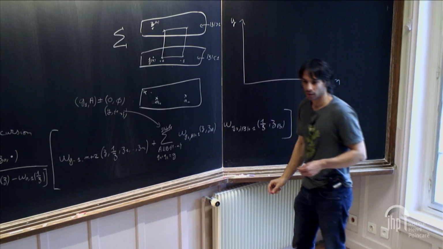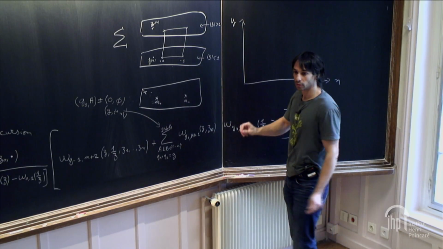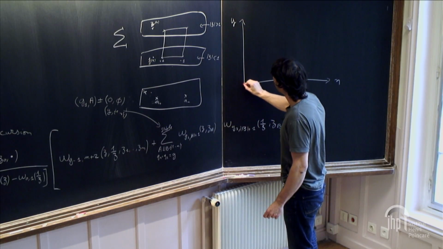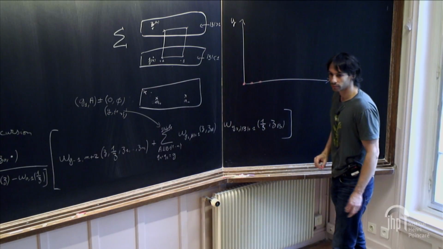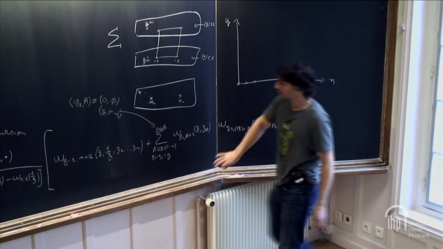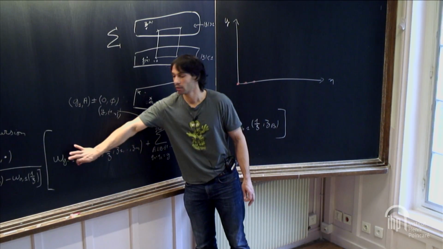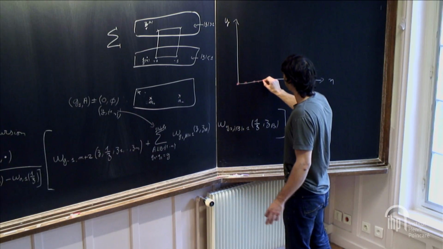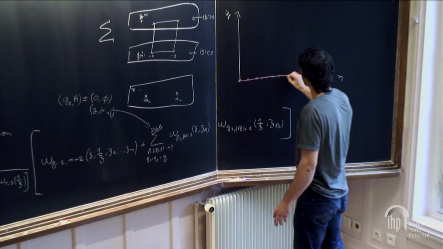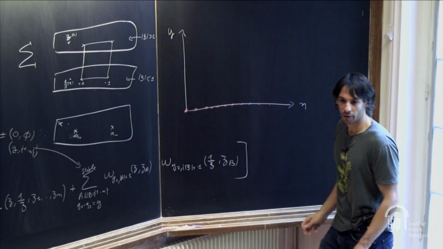So in practice, what would I do? I start from omega 0,1 and omega 0,2. And the first thing you can see is that for g equals 0, this doesn't give you anything. It's not there. So you can go on this way. Do you agree on that?